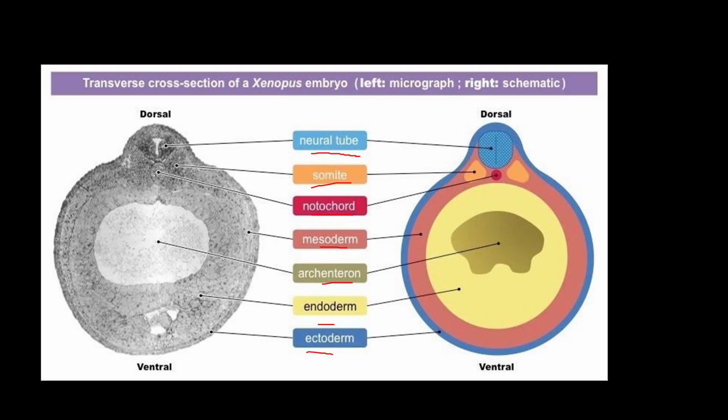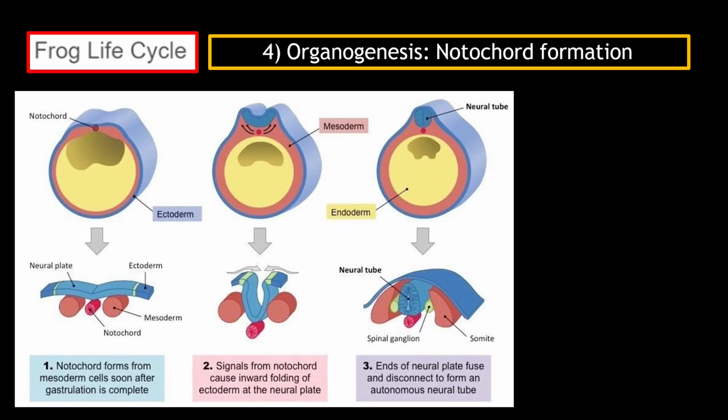And this will help us later to understand how each one of these components will subdivide and start forming a particular organ. For example, the notochord will end up creating the neural plate, and it is divided in three stages that are here: 1, 2, and 3.